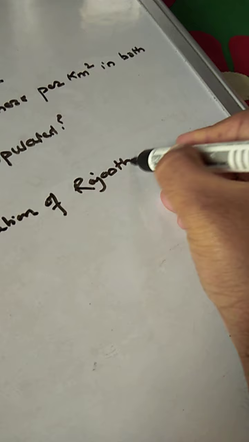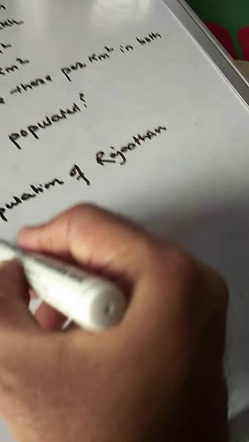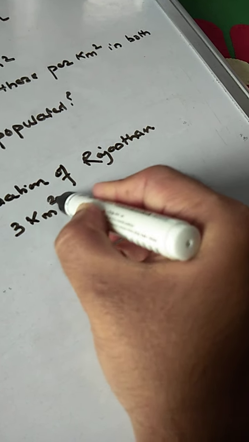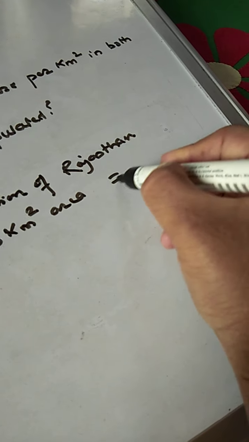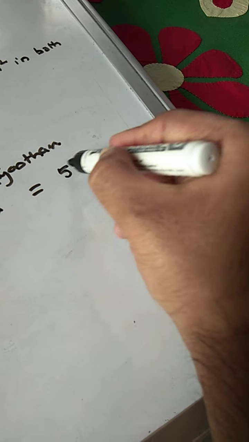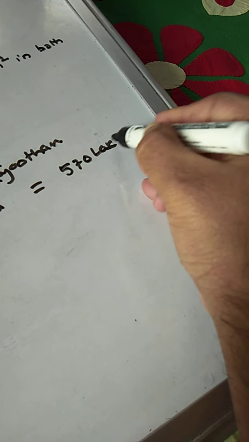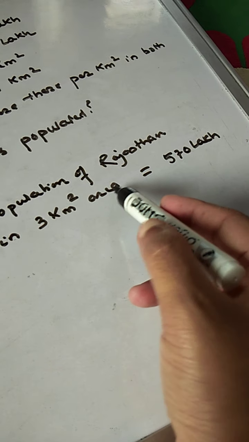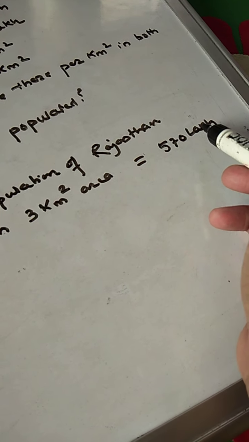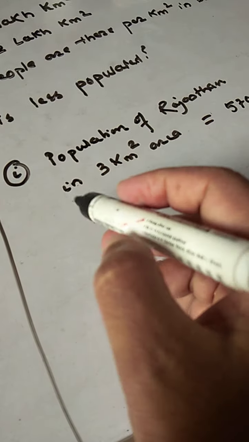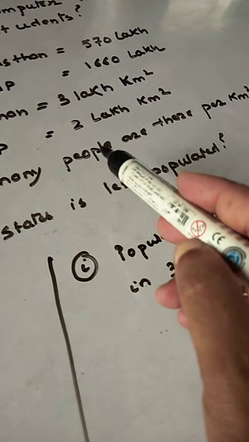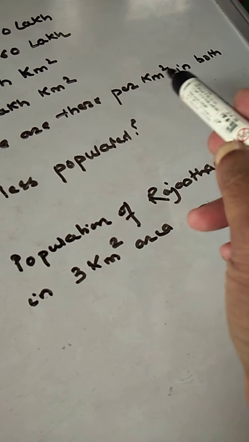So the population of Rajasthan in 3 lakh kilometer square area would be equal to 570 lakh, according to the question. Now we have to get the population of Rajasthan in 1 kilometer square area, because they have asked people per kilometer square. Per kilometer square means 1 kilometer square.